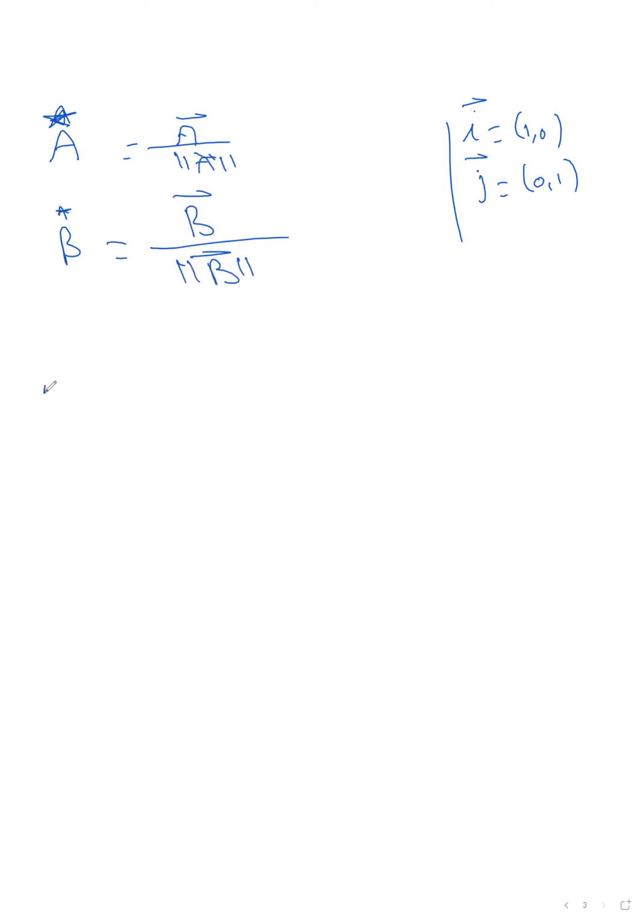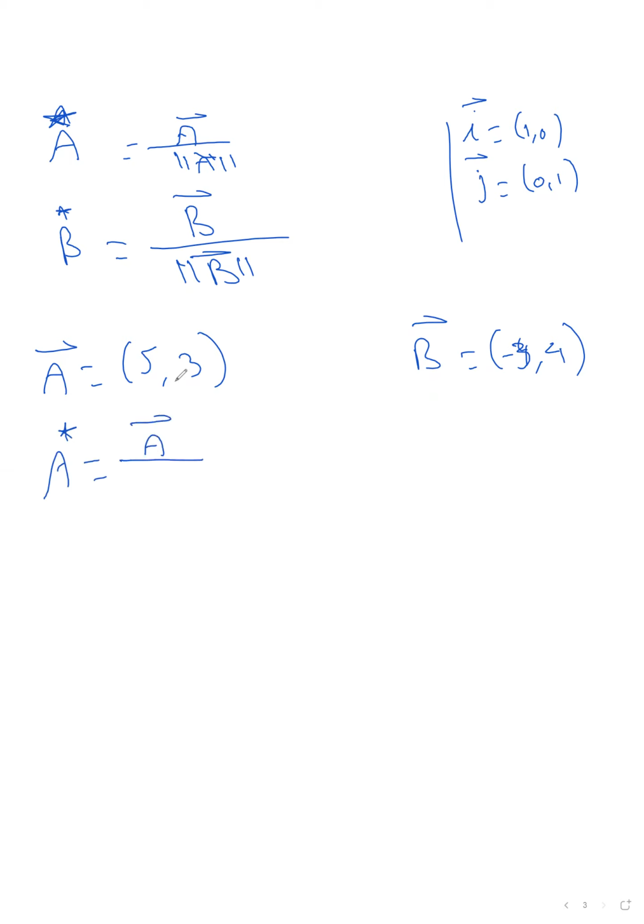For example, if A equals 5 and 3 and B equals negative 3 and 4. So A star means vector A over its norm.